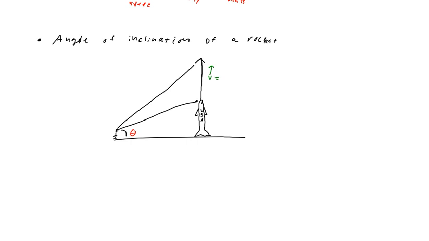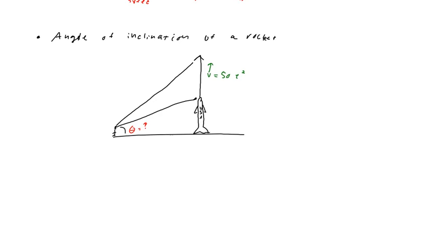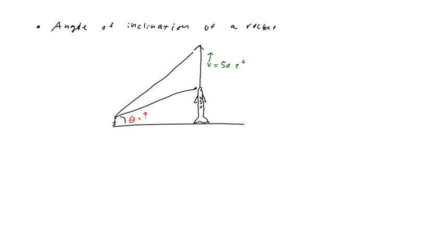Say this is 50t squared, is the speed equation, the velocity equation, and I want to know what is the change in the angle over the change in time? How do I figure out a relationship, right? What's the equation I can write that can relate this rocket speed going up to the angle that I'm looking at it on the ground? What is the formula? How do I connect these two ideas?